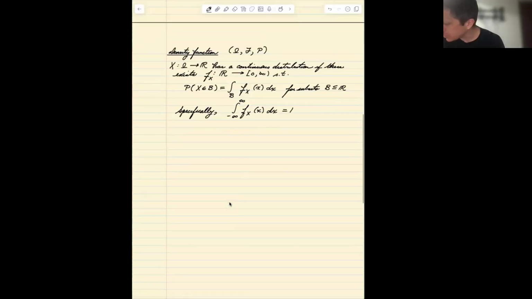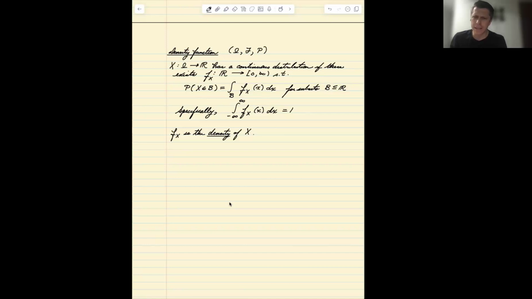So when we have a function like this, we call it the density of x. And that density is saying how concentrated the probabilities of x are throughout the real numbers.